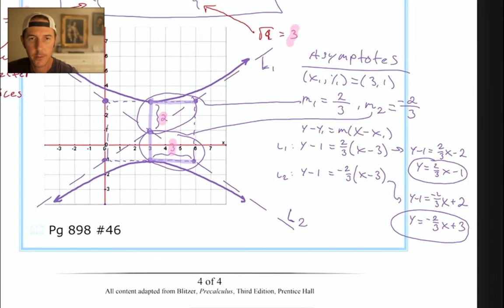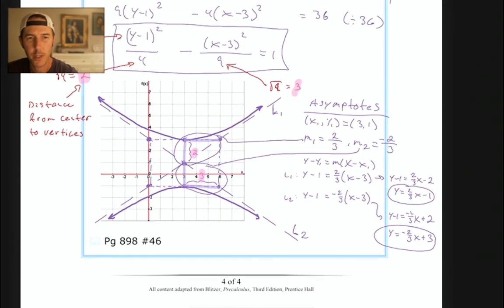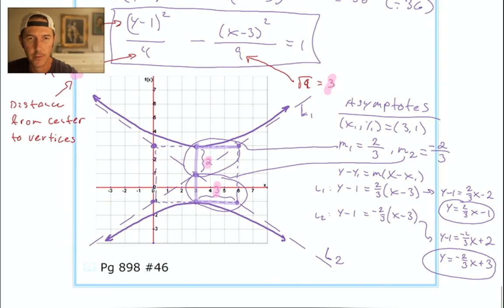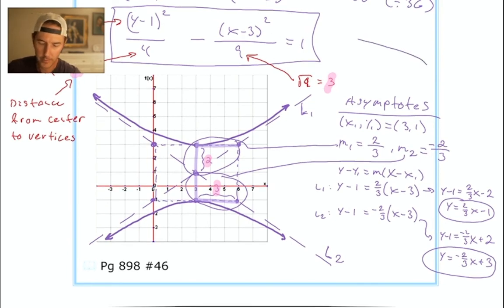I don't know how much information I would want to give you and then just ask you to write equations for the asymptotes. I suppose with this standard version of the equation, you might still want to draw a partial diagram. You might even still want to draw the rectangle.